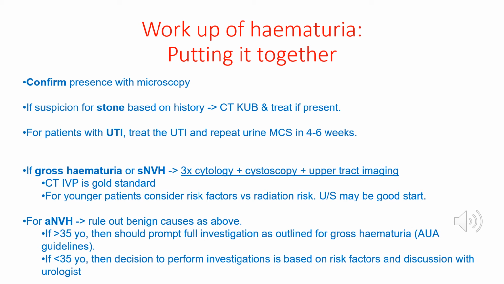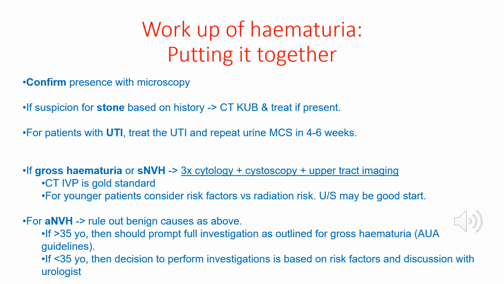CT intravenous pyelogram is a gold standard imaging modality and will be used in almost all cases. If you have a younger patient, then a urologist will consider risk factors versus a radiation risk of this CT scan and may start off with an ultrasound. For patients with asymptomatic non-visible hematuria, as outlined in the top of the slide, you would rule out benign causes and treat if present.